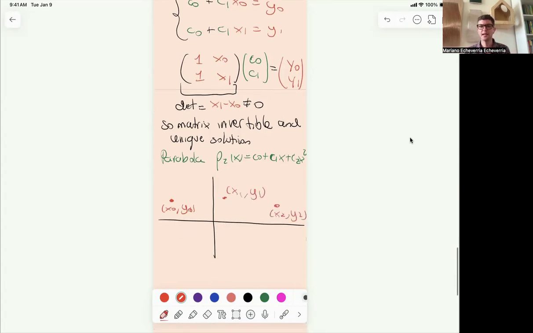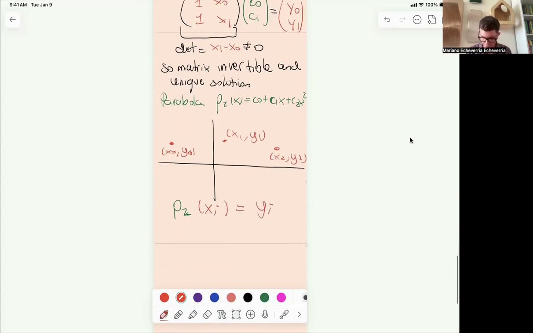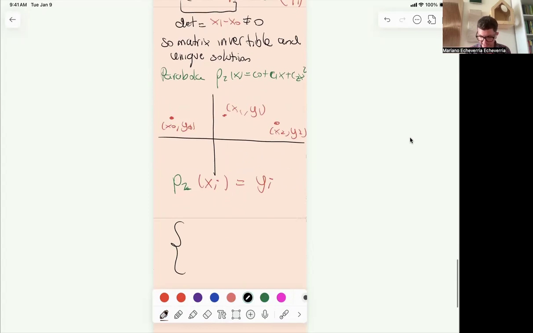If I give 3 points, then you have the condition that at each point, let me write it down in a slightly more simplified way, at the point xi, the value of the polynomial should be yi, right? That translates into three equations. I would be saying that c0 plus c1 x0 plus c2 x0 squared should be y0.